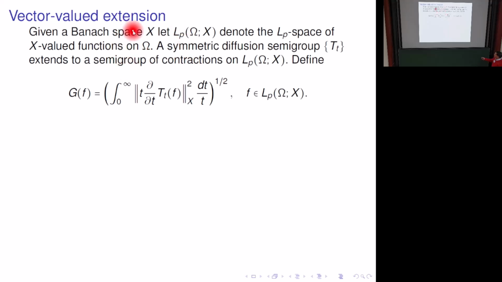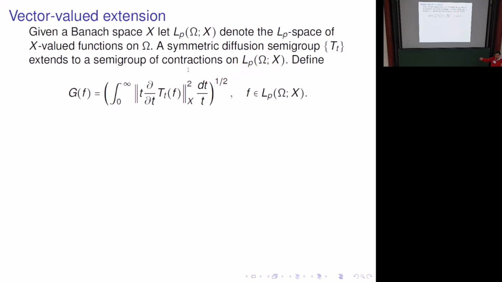So now I consider a general Banach space X. So we have this L^p space of functions with values in X. Because each operator T_t is positive preserving, this T_t extends to a contraction on L^p(X). So we still have a semigroup of contractions on this vector valued L^p space.